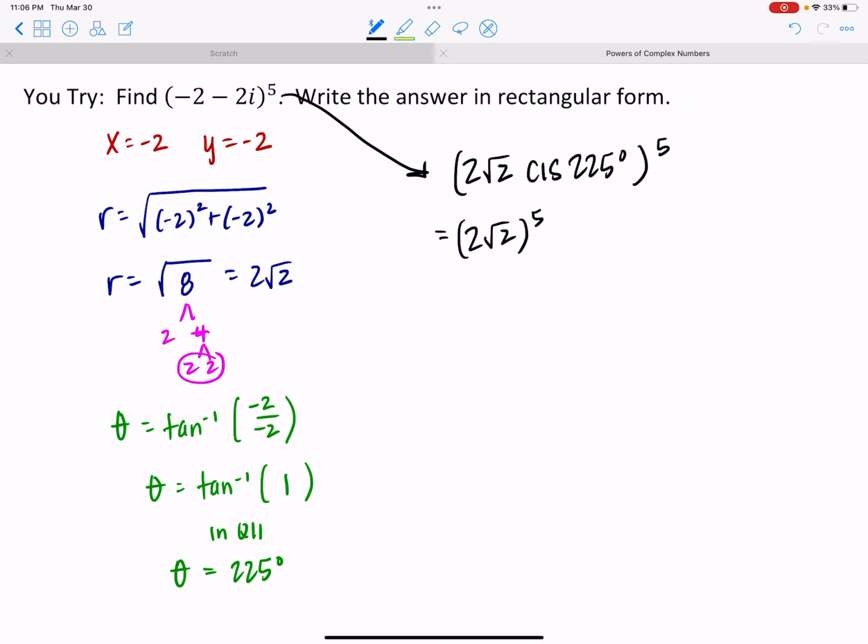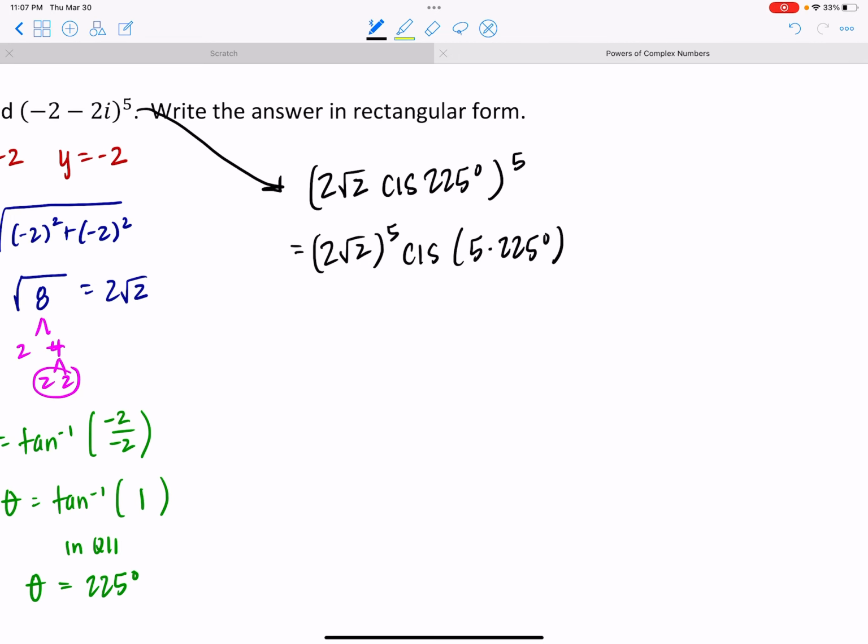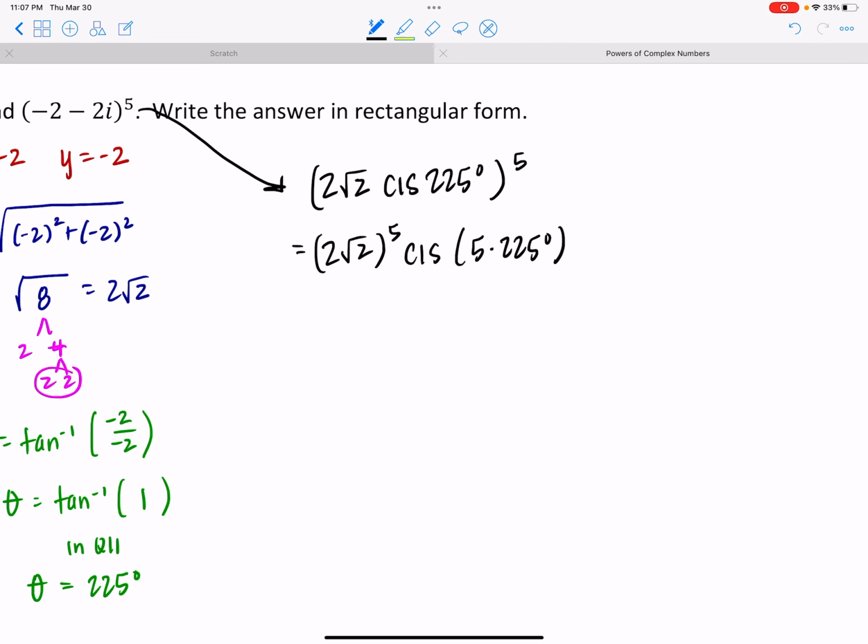Alright, I'll leave that alone. And then we have the cis. It's going to be 5 times 225 degrees. And so let's figure this out here.